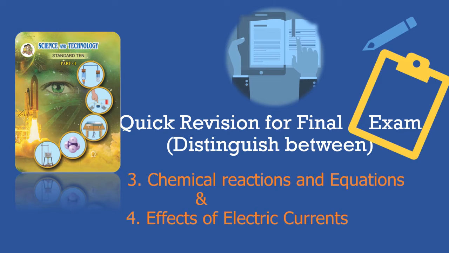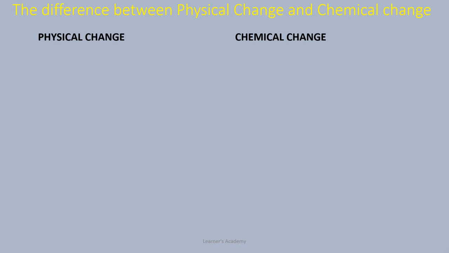Let's start now. Let's understand the difference between physical change and chemical change. The physical change is a change in which only the physical state of a substance is changed. No new substance is formed. This change is temporary, and during this change, the composition of the substance does not change. On the other hand, chemical change is a change in which a substance or substances are converted into new substance or substances possessing properties altogether different from the original one.